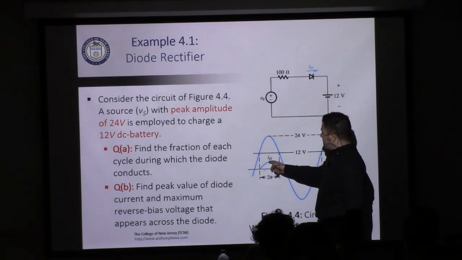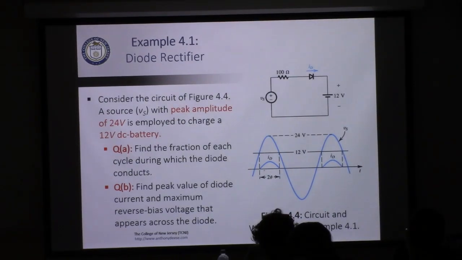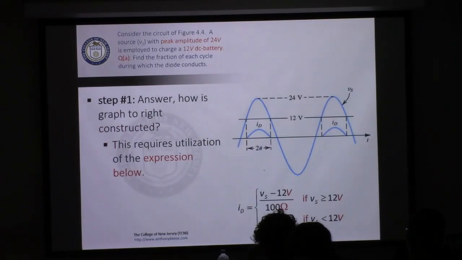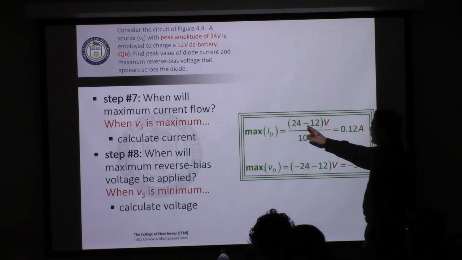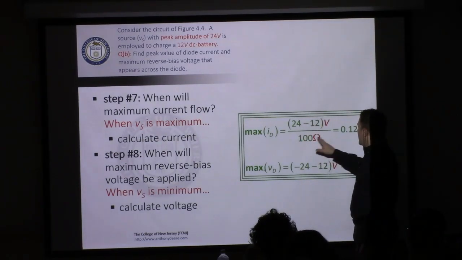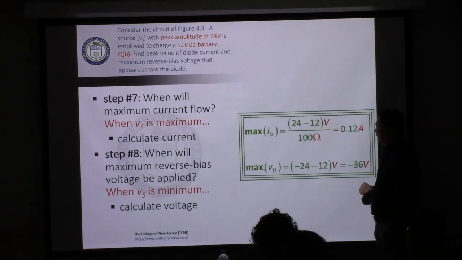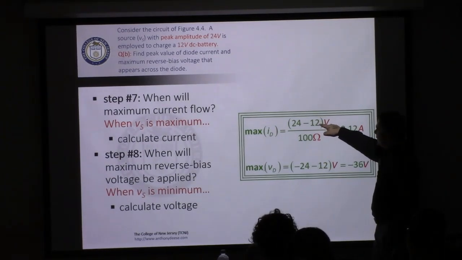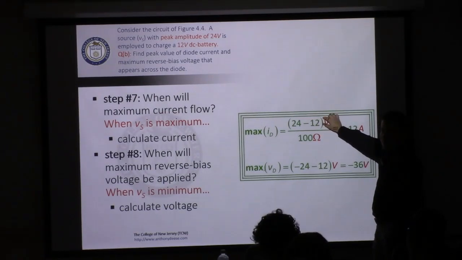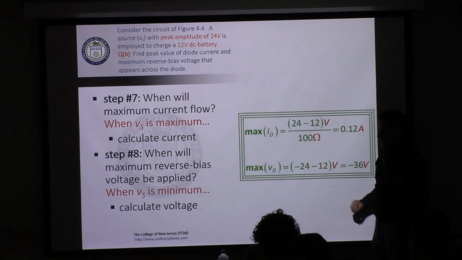So we can use the expression we already developed, plug in a value of 24, and that will give us 120 milliamps. So 24 minus 12 divided by 100 gives us 120 milliamps. Again, there's 0 volt drop across the diode because we're still using the ideal diode model.